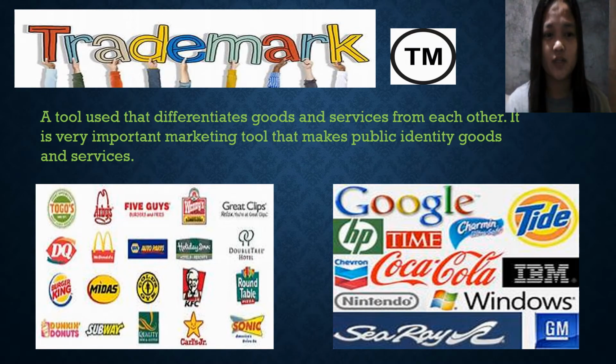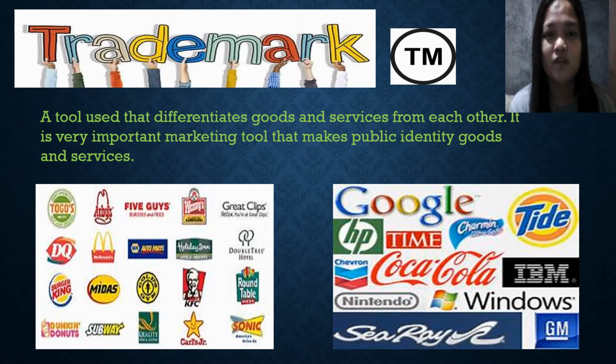Next is trademark. A trademark is a tool used to differentiate goods and services from each other. It is a very important marketing tool that makes goods and services publicly identifiable. A mark means any visible sign capable of distinguishing the goods, or the trademark, or services, what we call a service mark, of an enterprise.